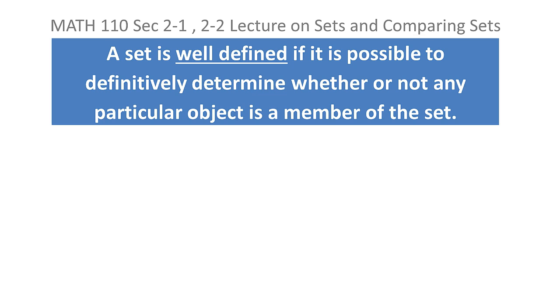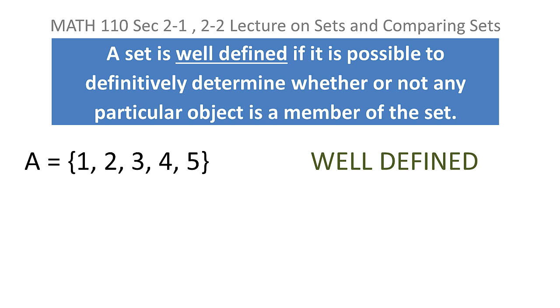Now, a set is well defined, and that's a mathematical term, if it's possible to definitively determine whether or not any particular object is a member of the set. In other words, if you can for sure say that something is or isn't an element of a set, then that set is said to be well defined. For example, if the set A were the set of numbers 1, 2, 3, 4, 5, you can say for certain if something is or isn't a member of that set. 6 is not, 5 is, 2 is, 87 is not.